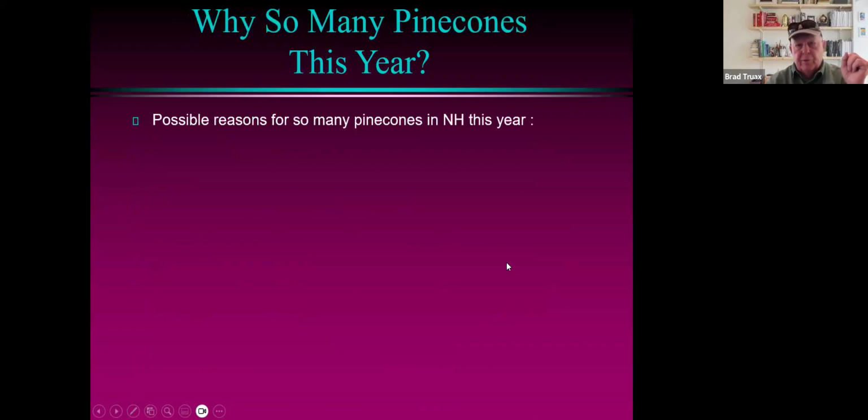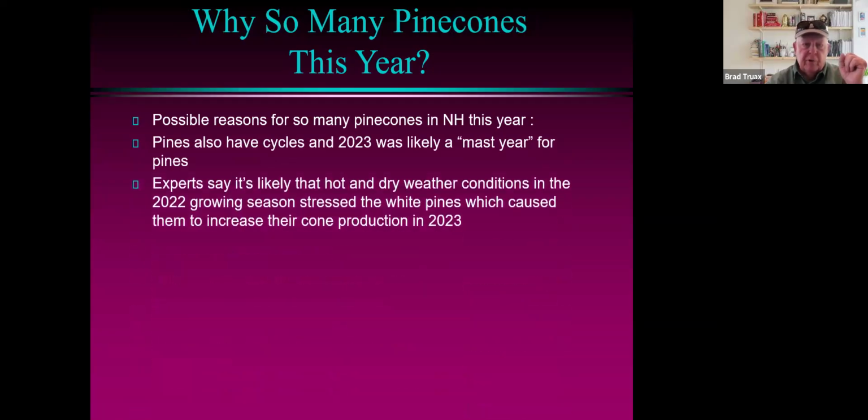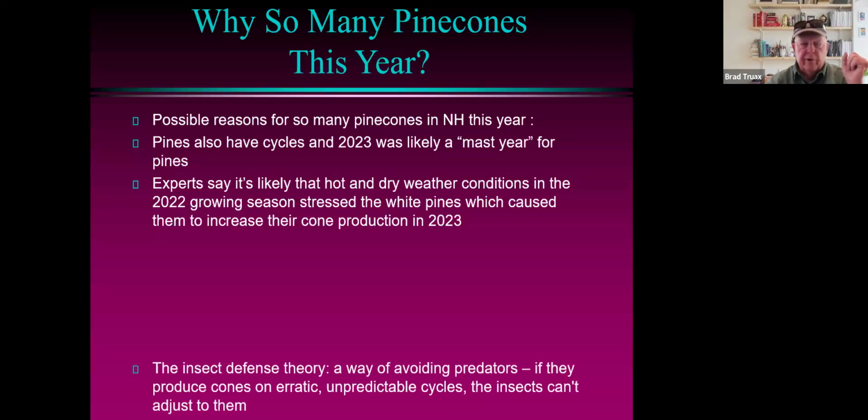Several possible reasons have been noted for the pine cones in New Hampshire this year. One is that it's likely that 2023 was a mast year for the pine cones, but some of the ecological experts also say that the hot and dry weather conditions that occurred in 2022 stressed the white pines and caused them to increase their pine cone production in 2023.